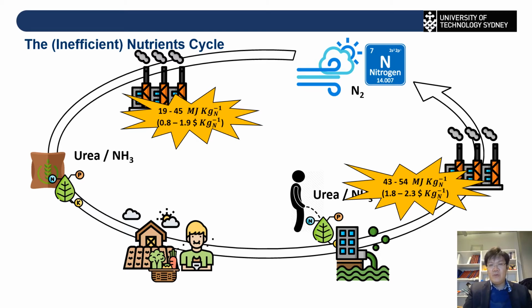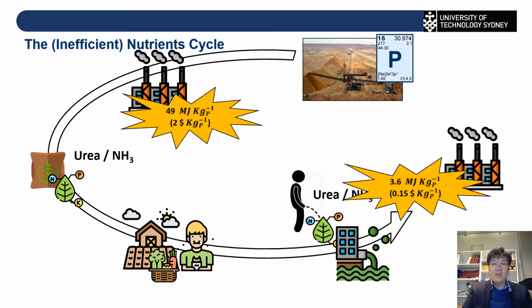When you produce nitrogen using the Haber-Bosch process, we need to invest around $1.5 per kilogram of nitrogen production, and after converting to fertilizer, we discharge it in the urine as wastewater, which goes to the wastewater treatment to remove 1 kilogram of nitrogen.